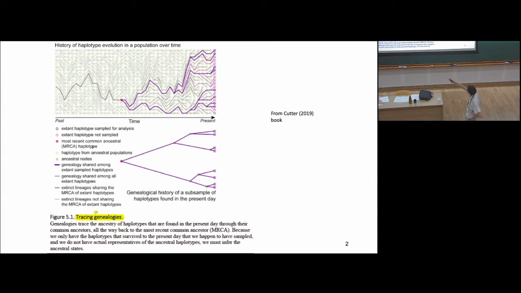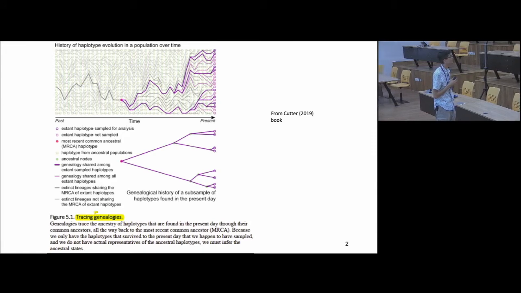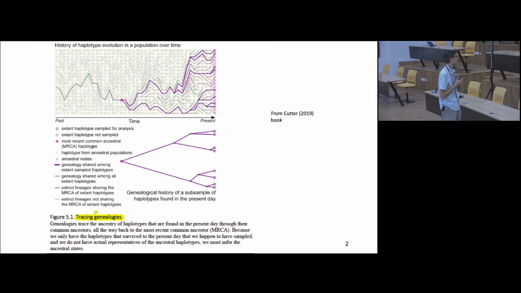So here's the game played forward in time. But what we're going to start doing now is thinking about genetic drift from a backwards perspective, going backwards in time. And it turns out this is an incredibly powerful and useful way to think about genetic drift that is really the basis for much of modern molecular population genetics.